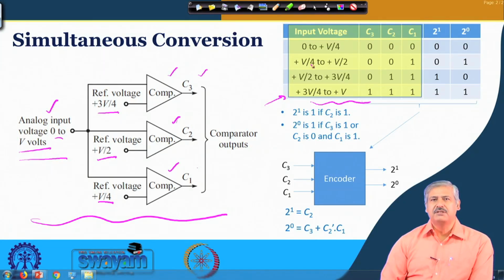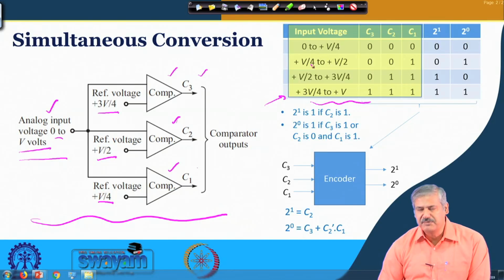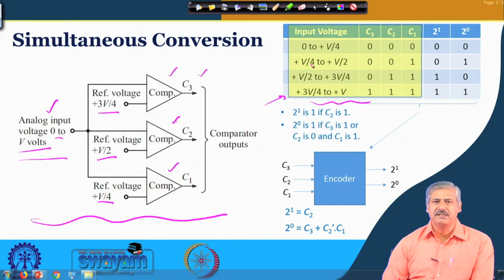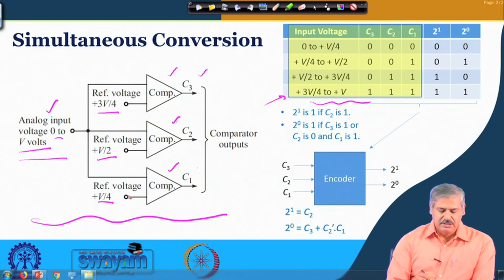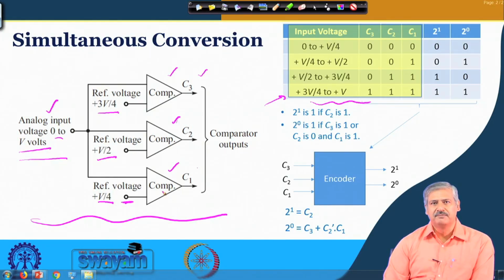When the input is 0 to plus V by 4, for each of the comparators this input is less than the reference voltage that is set, is it not? So, for each of the comparators the output will be 0. Is it clear?